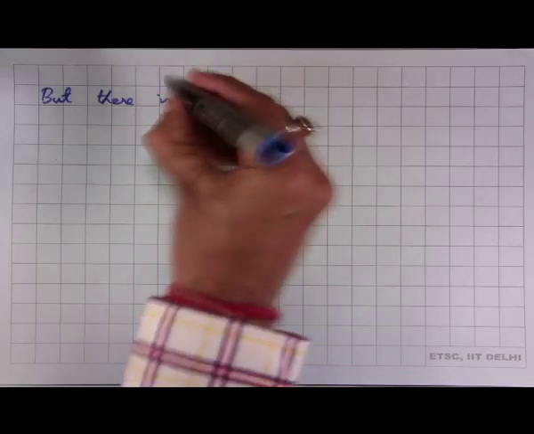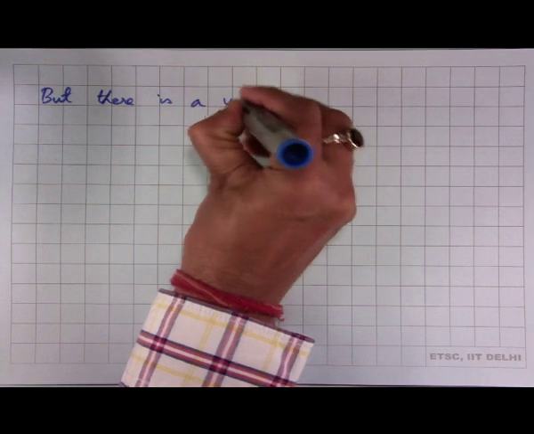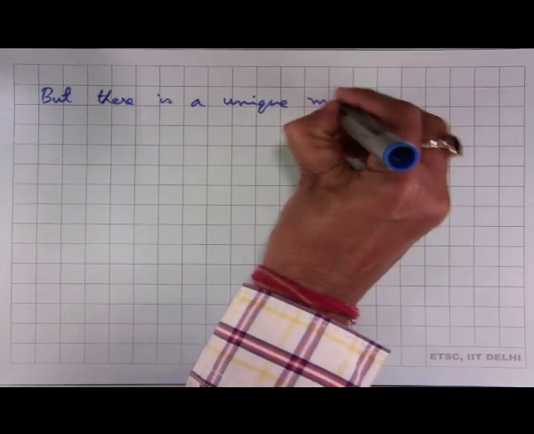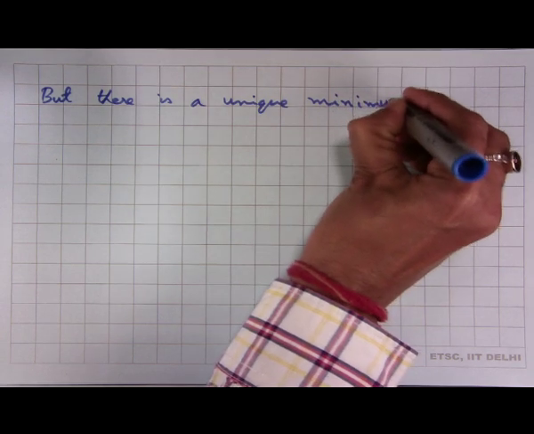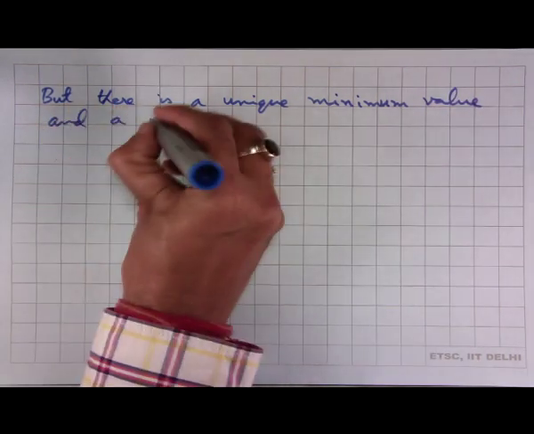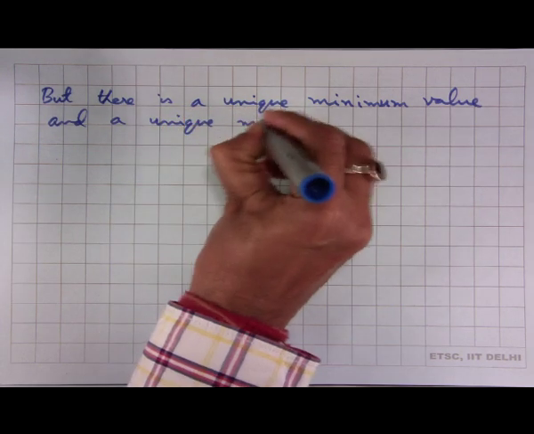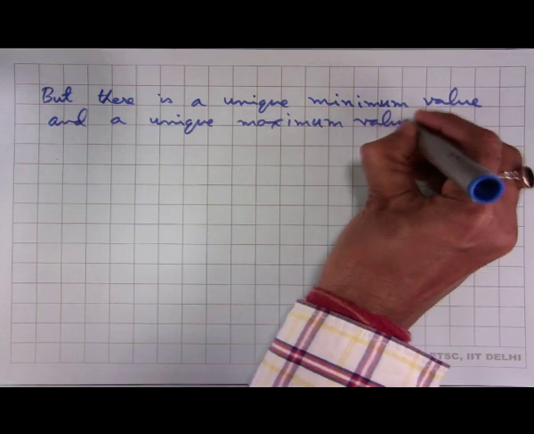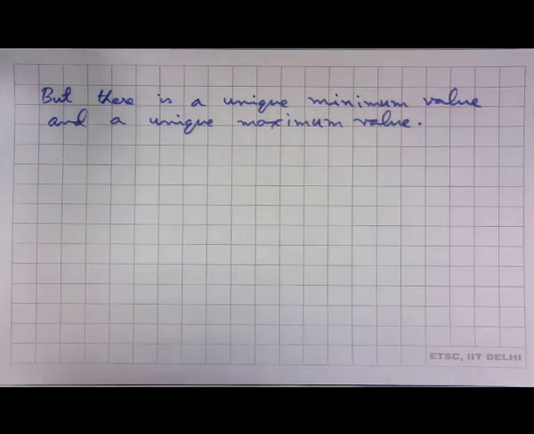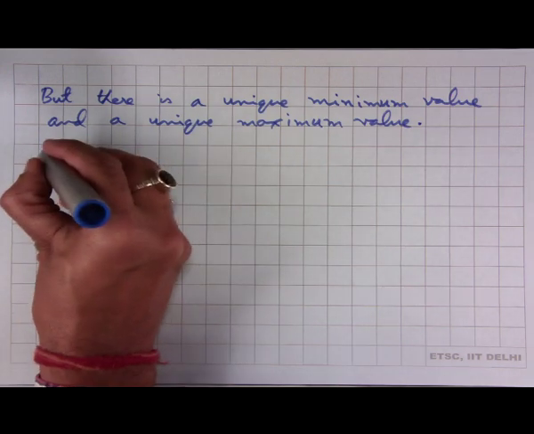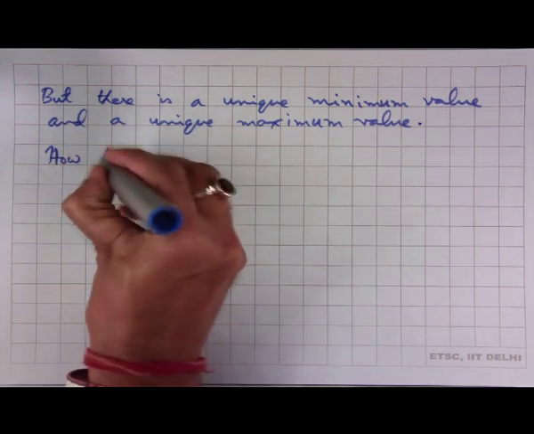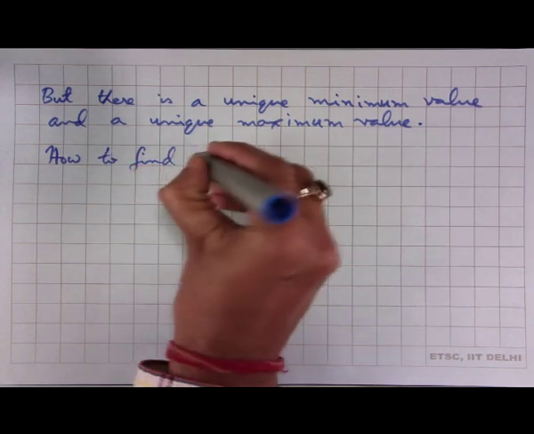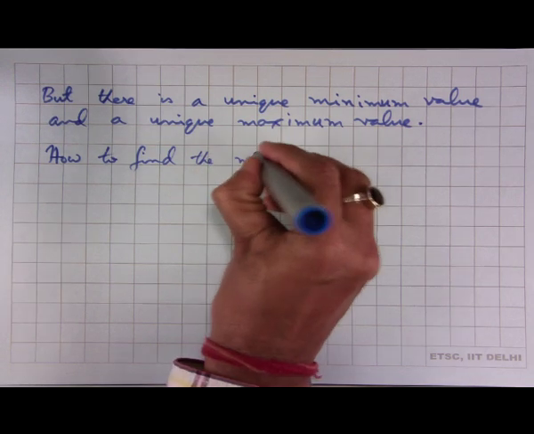But there is a unique minimum value and a unique maximum value. Now, the question is how to find the minimum and maximum values.